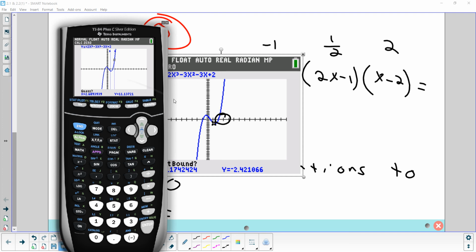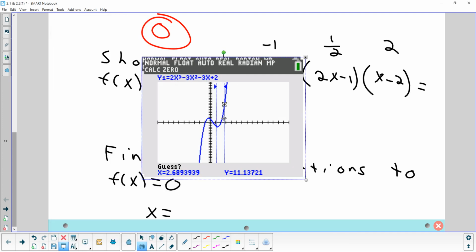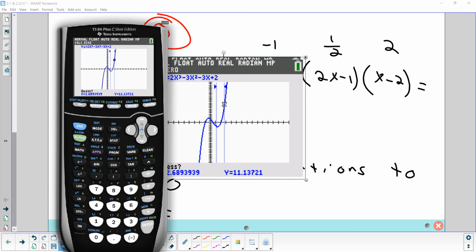Hit enter. And at this point, you should have these dotted lines on the screen. You've basically told the calculator, look between the dotted lines to find an answer. If there is only one place where it crosses the axis between the dotted lines, then the guess doesn't matter. Okay, so we'll just put the guess, kind of close, that's fine.